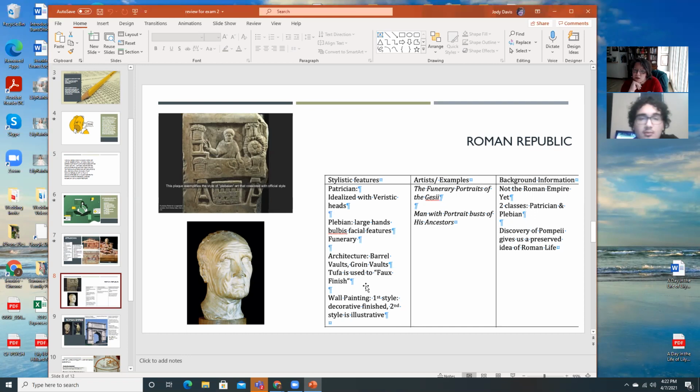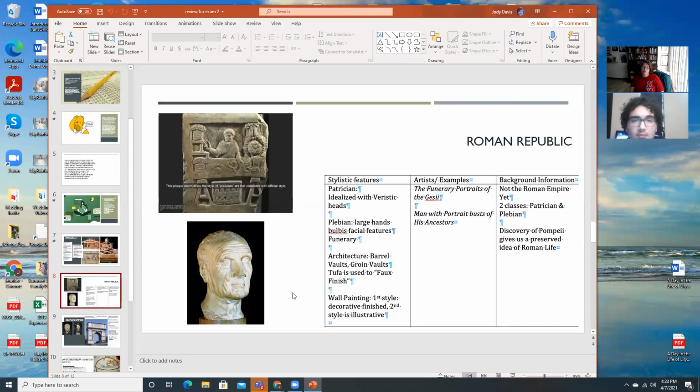And so the patricians have idealized statuary, and they favor veristic heads. This is an example of verism. It's that over-exaggerated, wrinkly looking face. But if you remember, the veristic head goes on this really nice, idealized looking body.